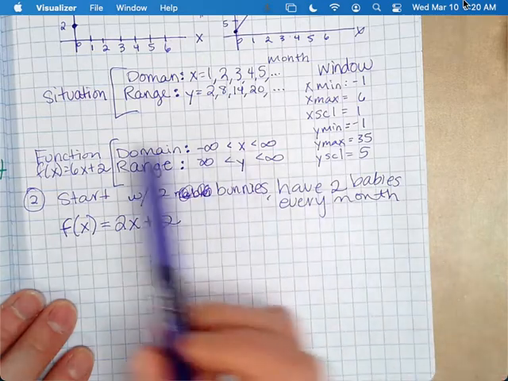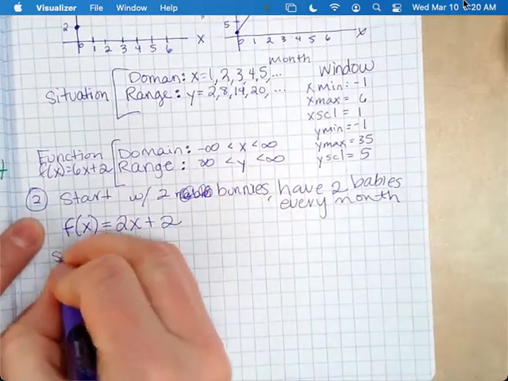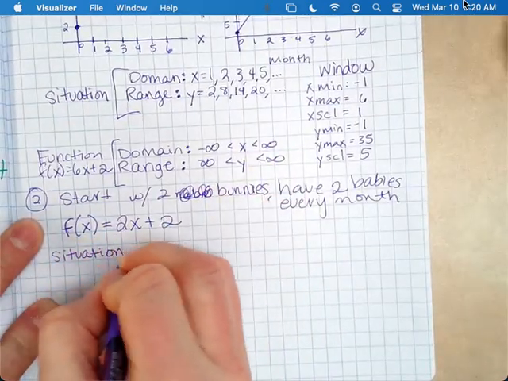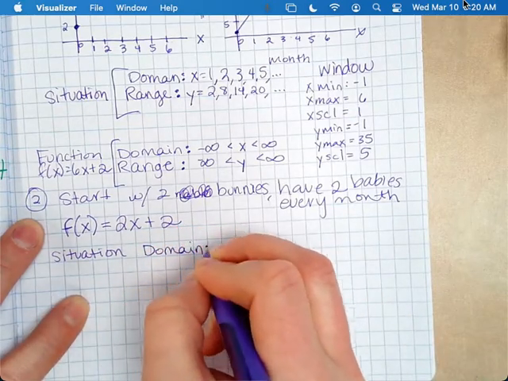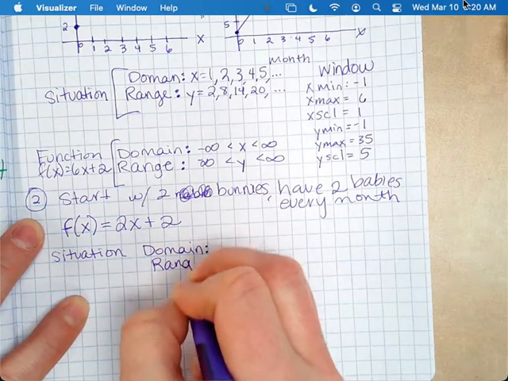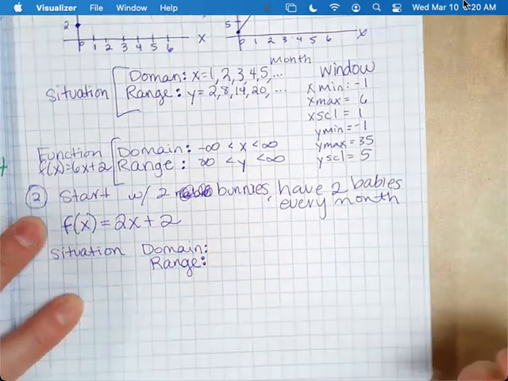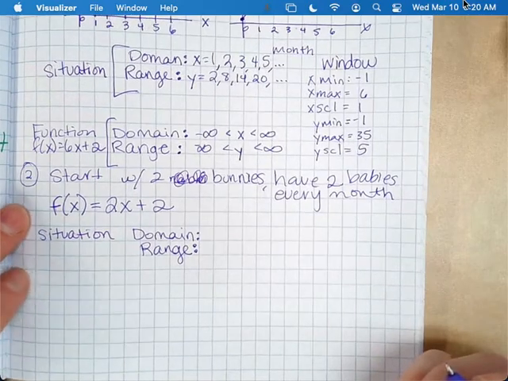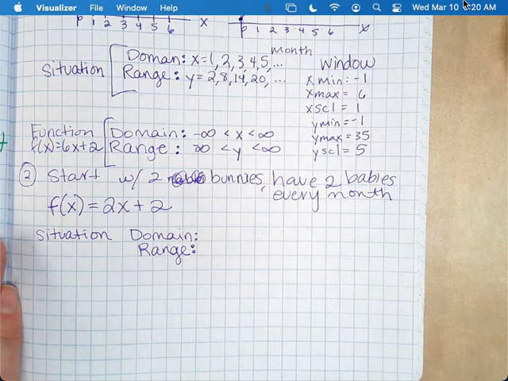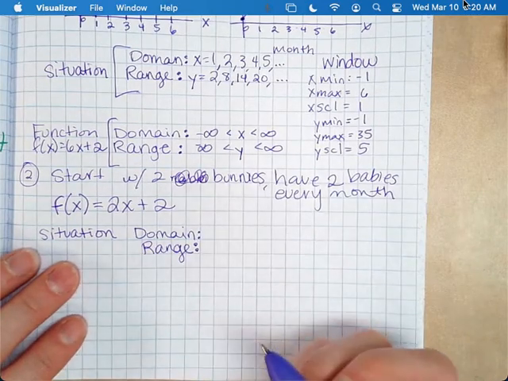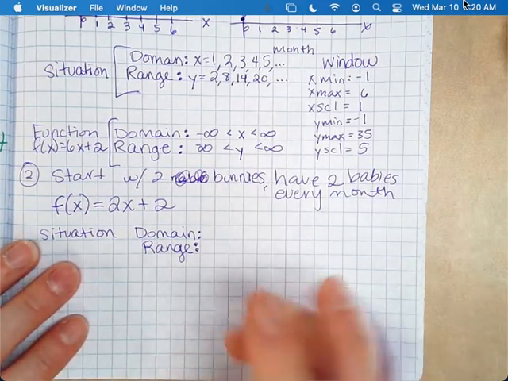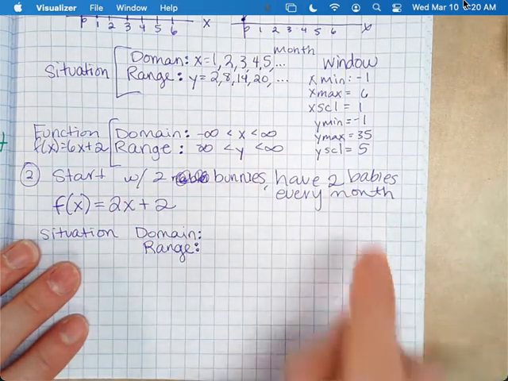Okay, so what about for the situation? We're not going to graph it. We're just going to talk about the domain and range for the situation first. So the domain is your x's. So what could our x values be for this situation? Start with 2, have 2 babies every month.